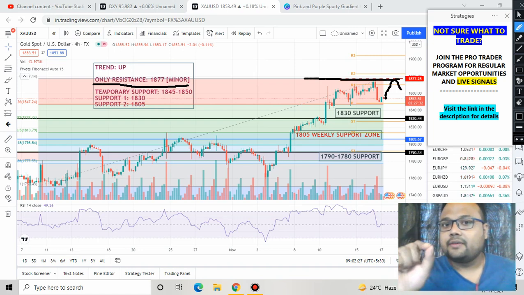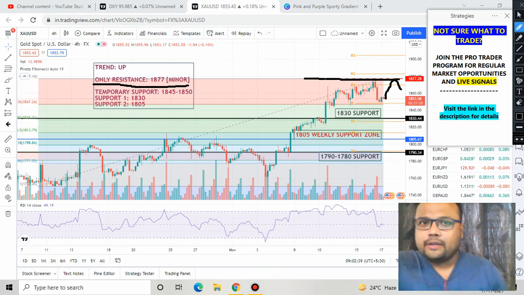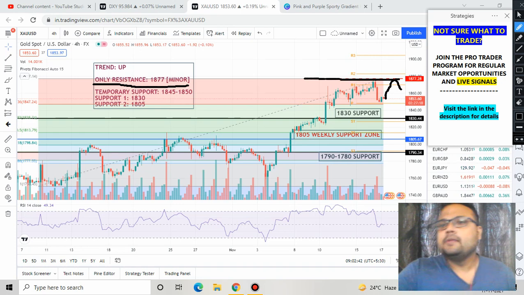But keep in mind, this is for day trading purposes only, not for positional trading, because the trend of the market is towards the upside. This is for some scalping purpose. If you are looking for 20 pips, 30 pips, then you can easily short the market at 1877 if the market reverses from it.